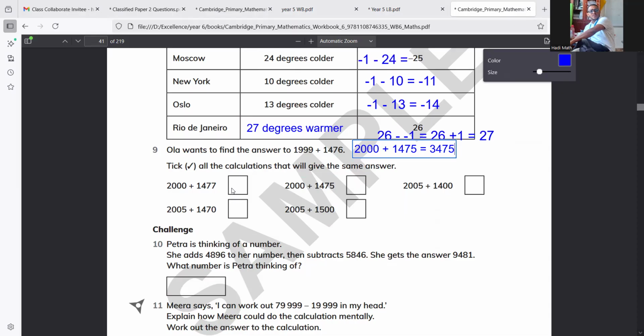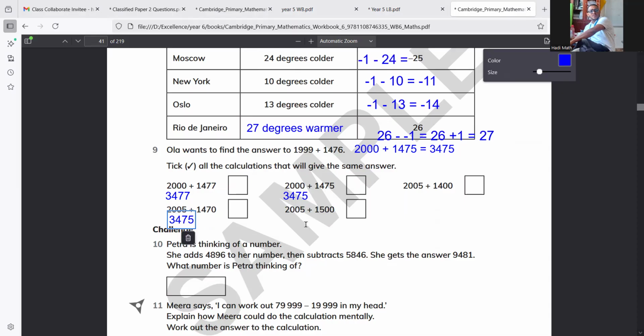So let's go to this one. Like you can finish it. This one gives you 2,000 and 3,477. No, this one will give you 2,000, 3,475, yes. This one also will give you 3,475.